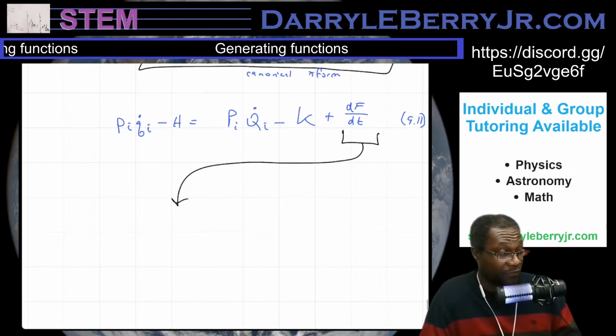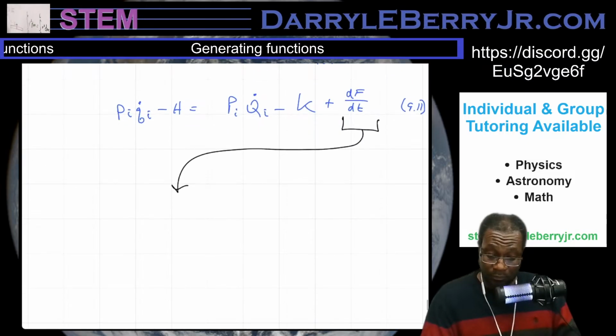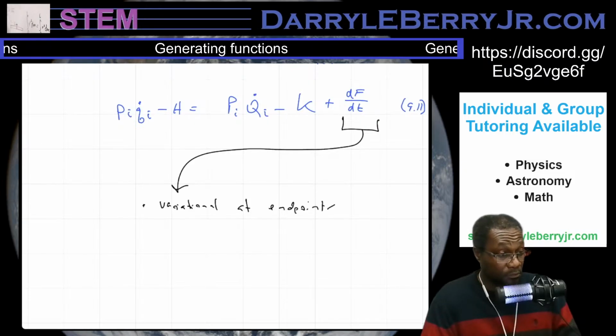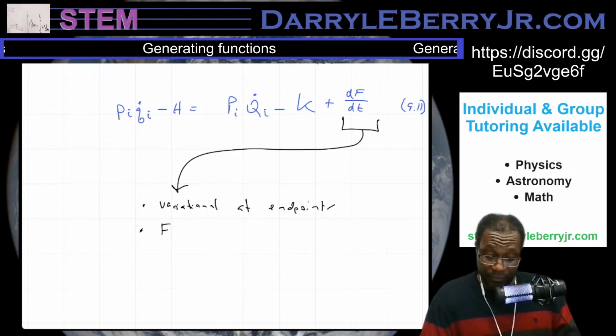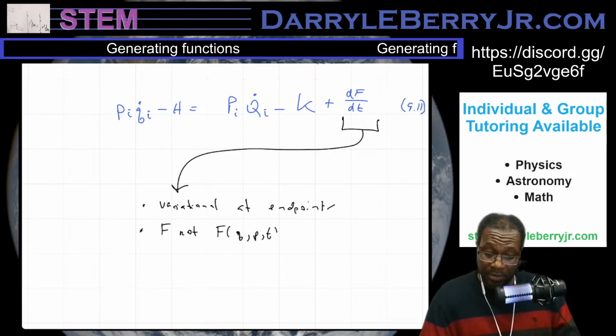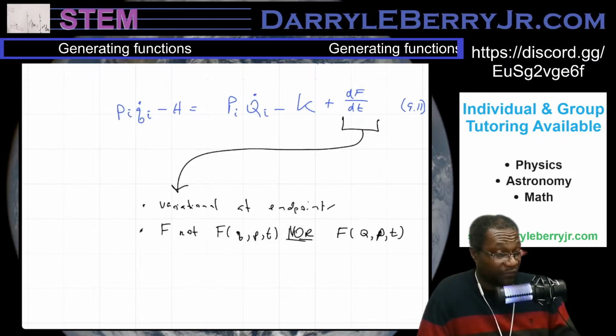It would therefore vanish if f is a function of q, p, t, or q, p, t, or any mixture of the phase space coordinates since these have zero variations at the endpoints.